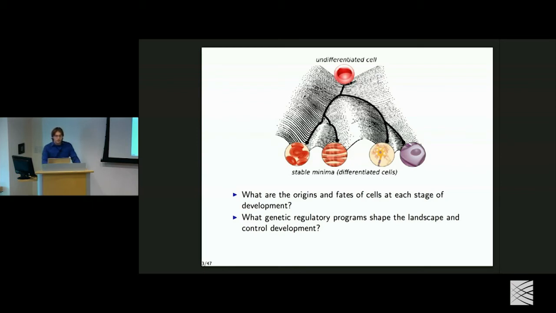For example, at an intermediate position like this, the cell's origin is some kind of undifferentiated cell at the top, and it would have a limited number, but perhaps more than one, fate available to it. And what are these fates? Also, what are the genetic regulatory programs that shape this landscape and give it troughs in certain regions and valleys in certain regions?